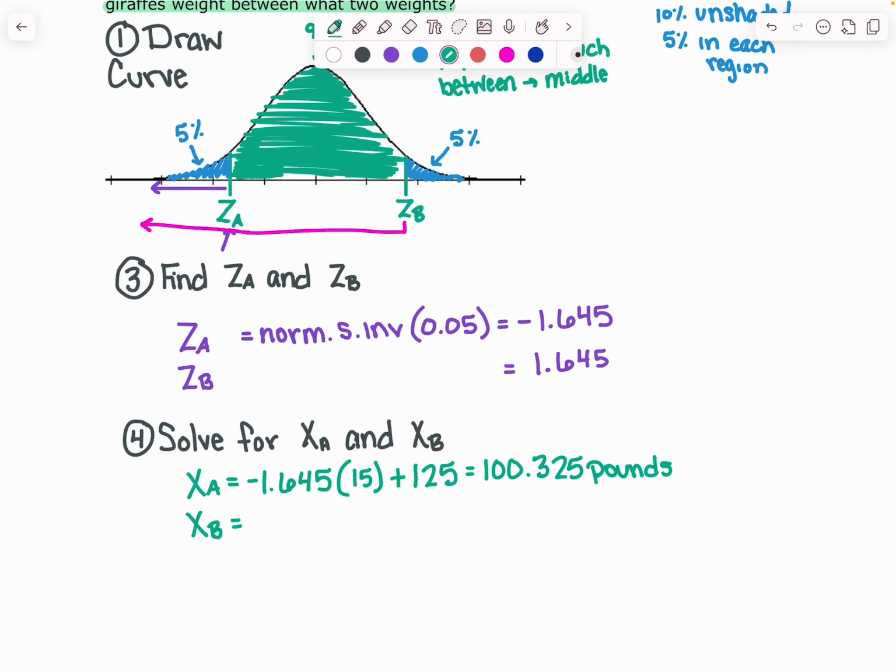And then for XB, we use the positive 1.645. Because this z-score is positive, it should be bigger than 125. And that one is 149.675 pounds.